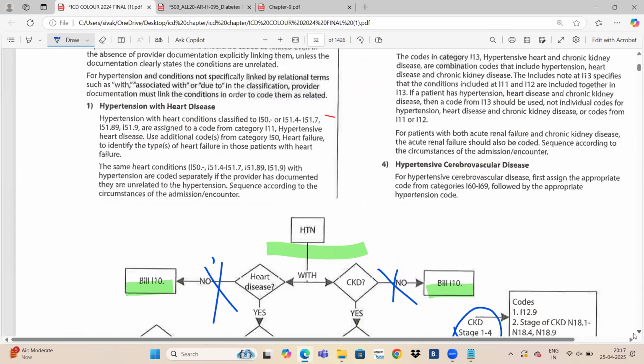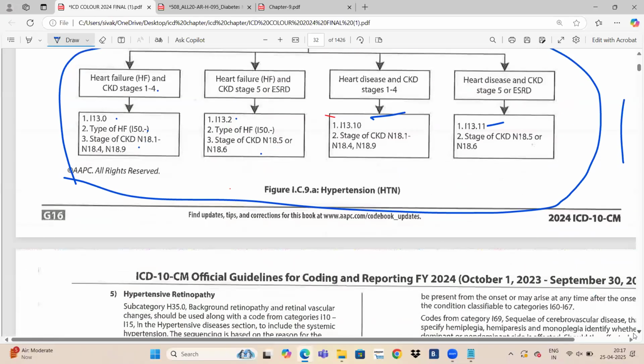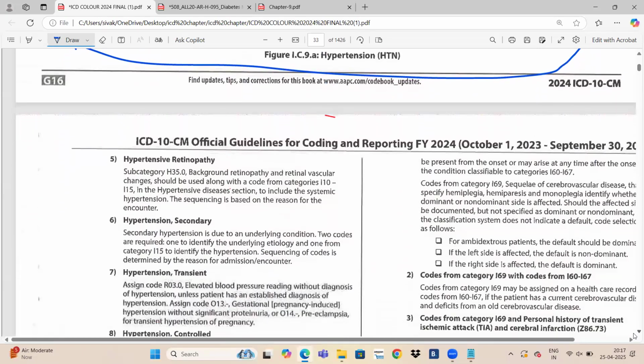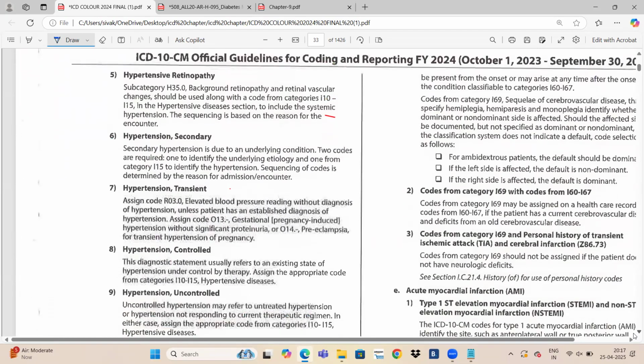Patient has cerebro. Sir, you are not audible.